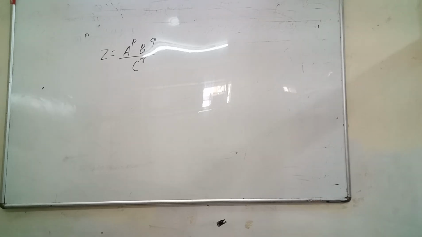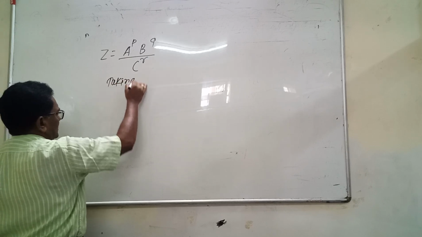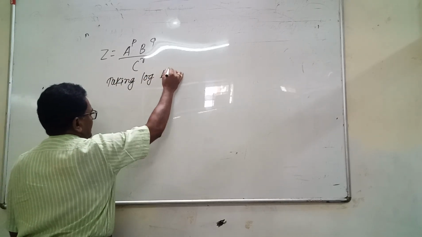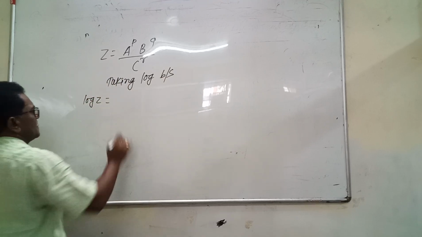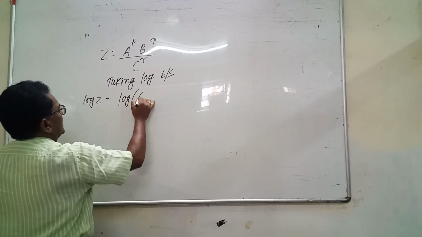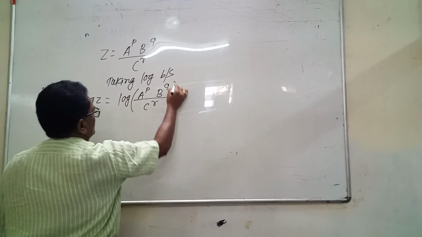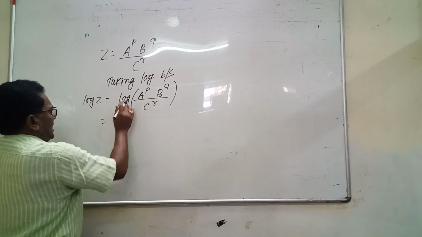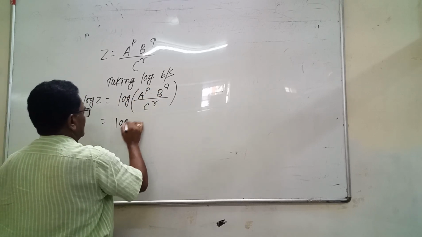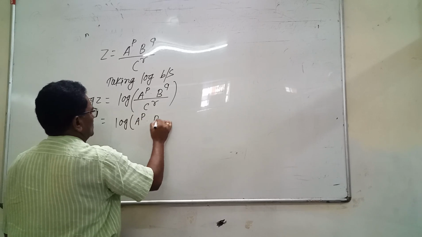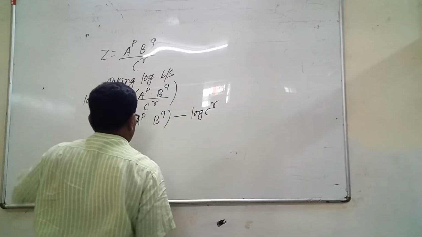So first we will take log on both sides. We get log Z equals log of a raised to the power p into b raised to the power q upon c raised to the power r. Use the formula log a by b: log of a raised to the power p into b raised to the power q minus log c raised to the power r.